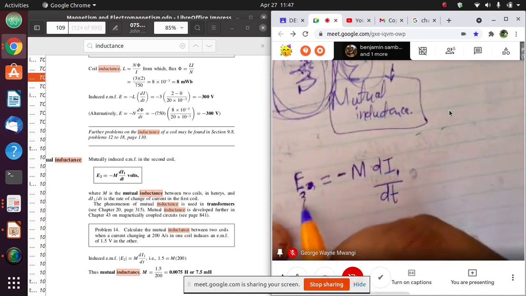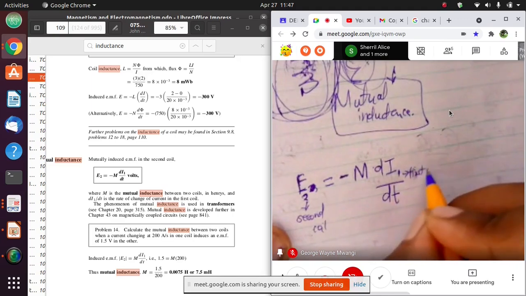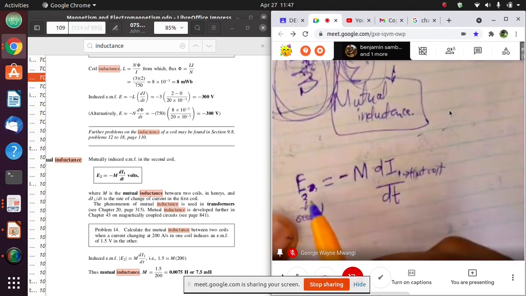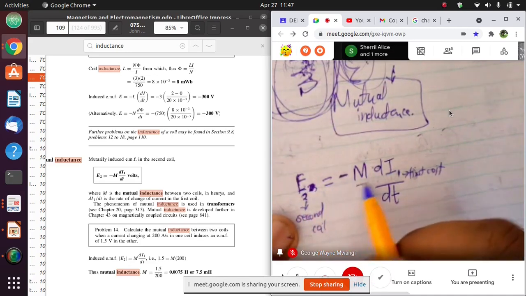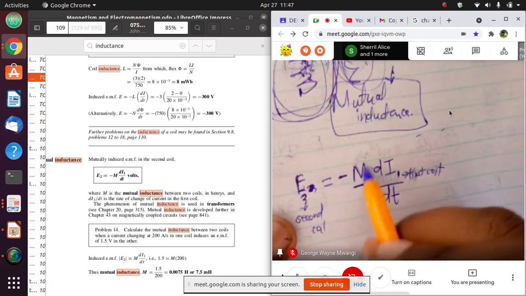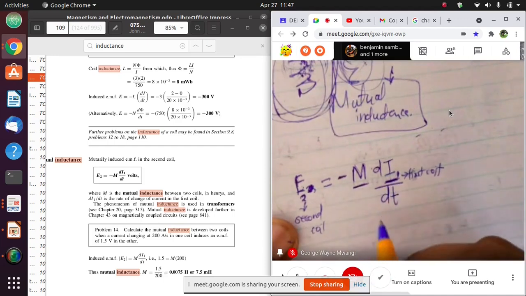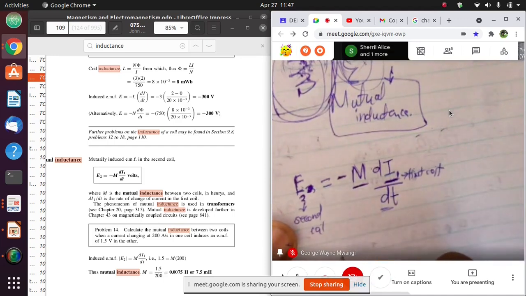So for 2, this is the second coil, and for 1, this is the first coil. So the EMF induced in the second coil will be given by the inductance multiplied by the change in current in the first coil with respect to time. Are you together?